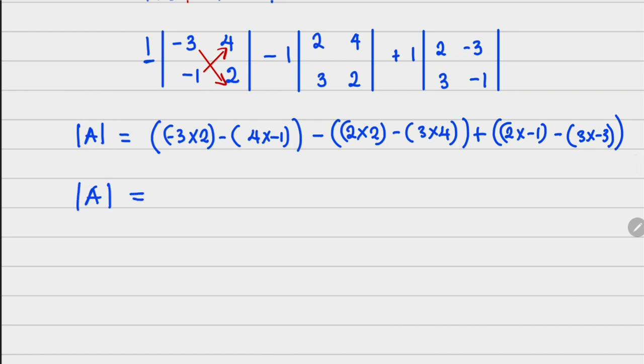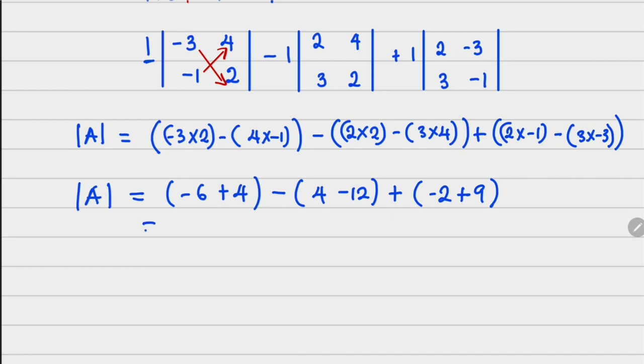Now, determinant of A will now be minus 6, then we have plus 4. If you know your mathematics well, you know that it is correct. Then this is going to be 4, then minus 12, cover the bracket, then plus what we have here is going to be minus 2, then plus 9.